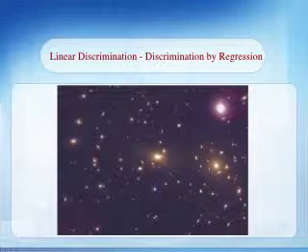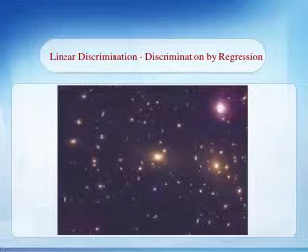Assuming a linear model for each class, we have y_i^t equals the sigmoid of w_i^T x^t + w_i0, which equals 1 divided by 1 plus the exponential of minus (w_i^T x^t + w_i0).